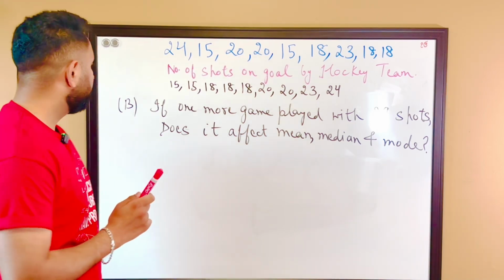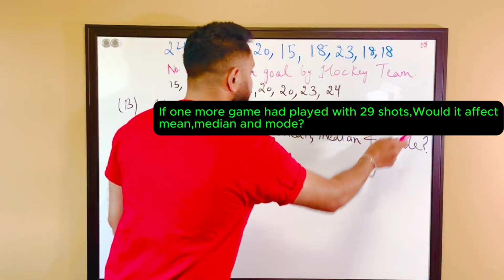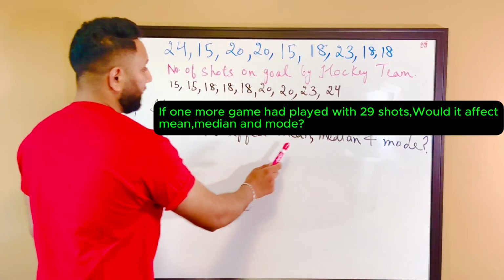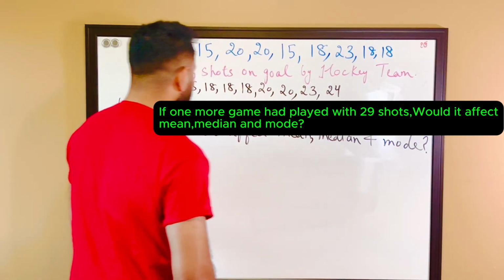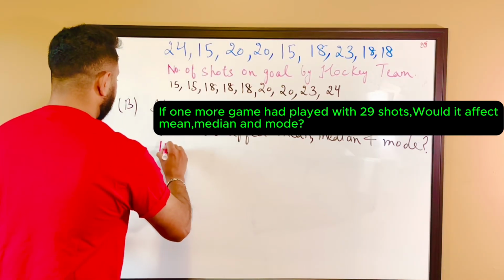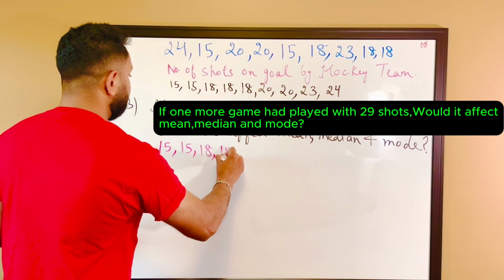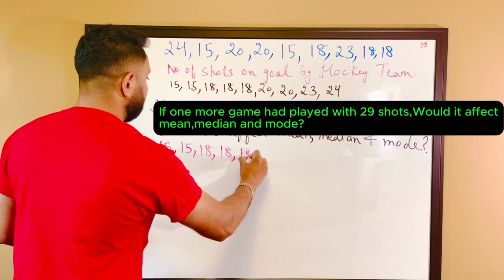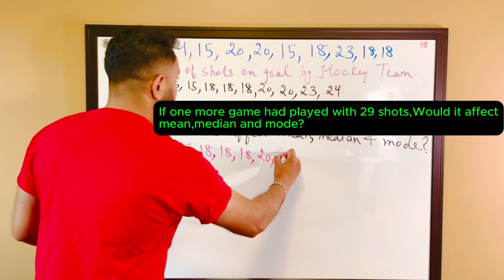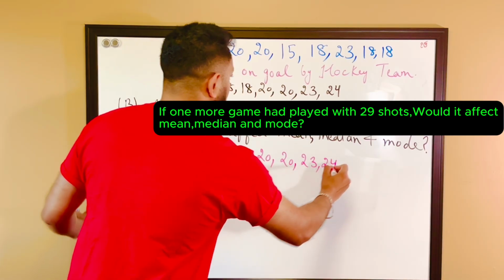So a second part is if there is one more game played with 29 shots, does it affect mean, median and mode? So that means 15, 15, 18, 18, 18, 20, 20, 23, 24.